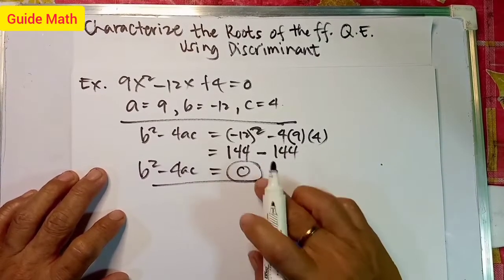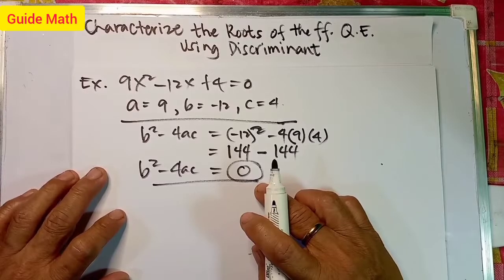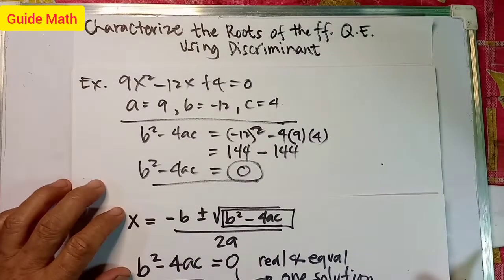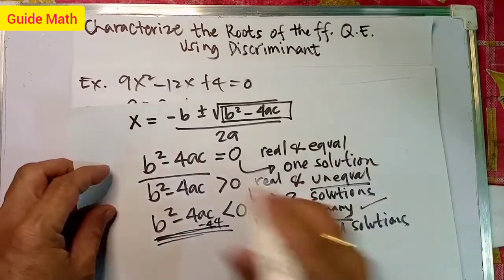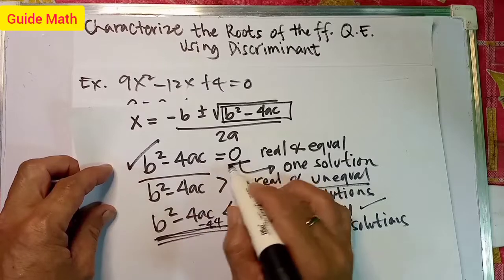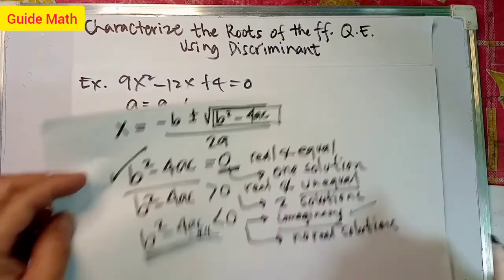So, since 0 ito, titingnan natin yung ating value dito. Meaning, sabi dito if your b squared minus 4ac is equal to 0, real and equal.